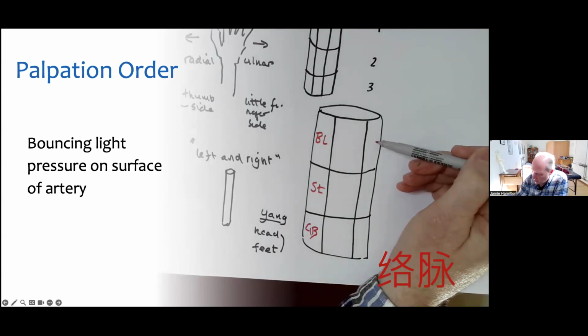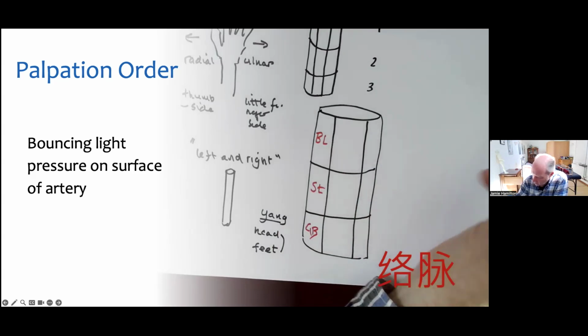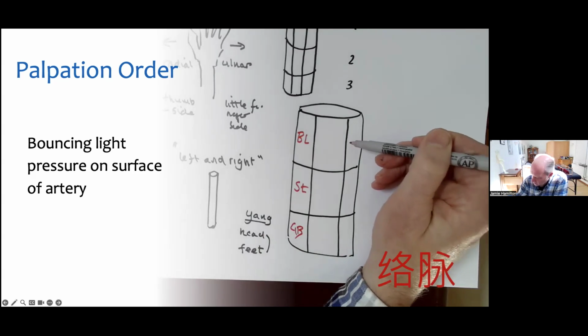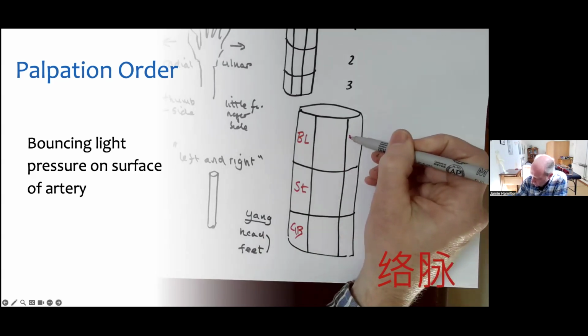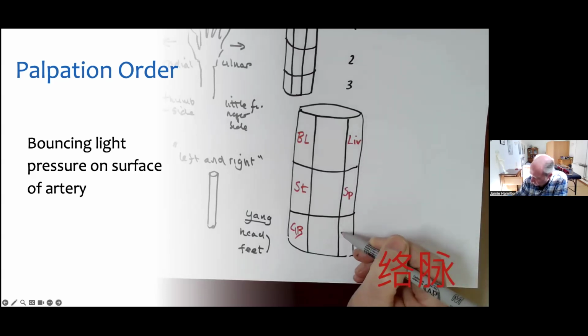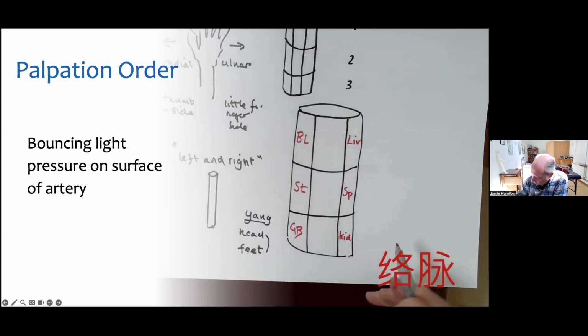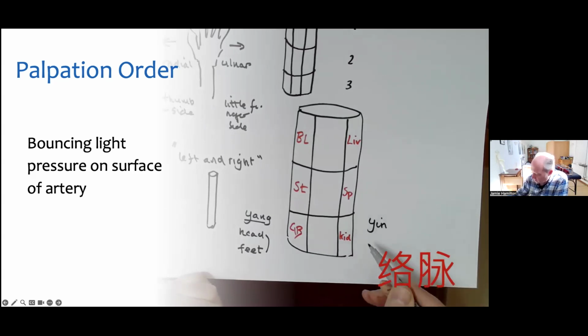Okay, then what is described for the inner line, the nei line, or the ulnar little finger side, running from top to bottom, we have liver, then spleen, and then kidney. Now these are yin channels, and they are again foot yin channels, so they all go down to the foot.